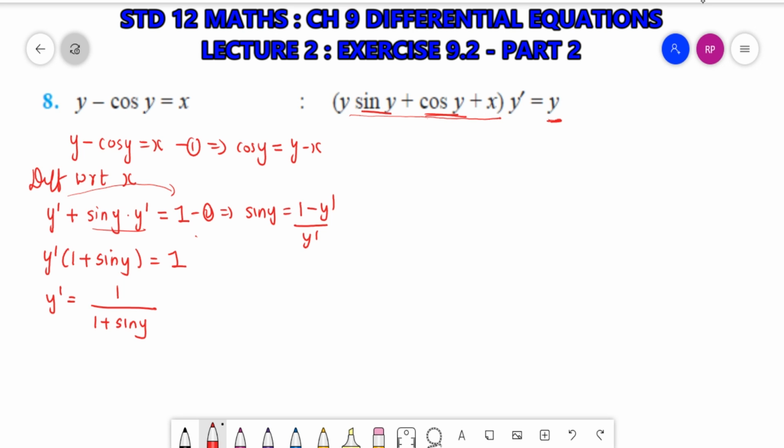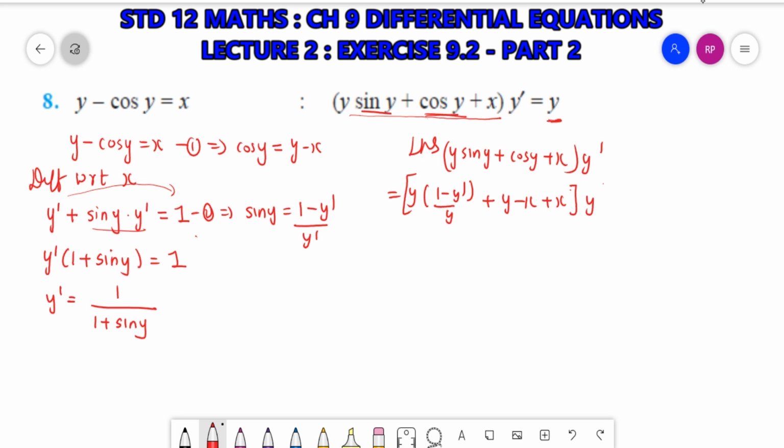So now replacing this value in LHS, y sin y plus cos y plus x into y dash. Instead of sin y, I will put 1 minus y dash by y dash, plus, instead of cos y, I will put y minus x, and this is plus x. Y dash x gets cancelled. Let's take LCM.